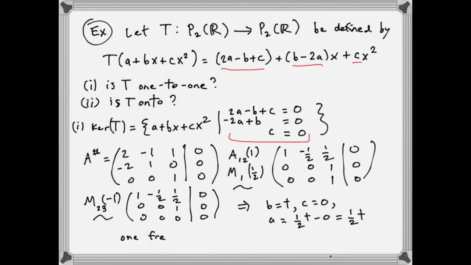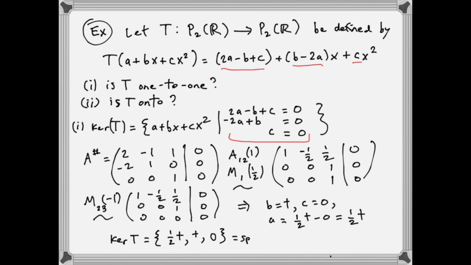or let me just go ahead and tell you what the kernel is, and we don't actually need to speculate here. The kernel of T is going to equal all polynomials that look like this: 1/2 t, t, and 0.